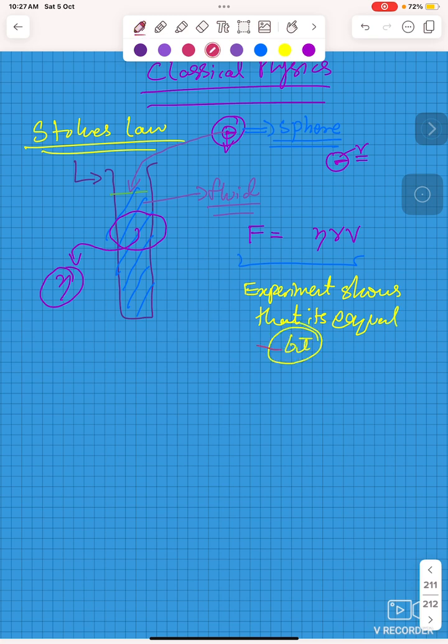It's an experimental figure. So let me add it into the equation, 6 pi. This equation tells us how an object will experience force depending on several factors, which involve the liquid's factor as well as the velocity and radius of the object.